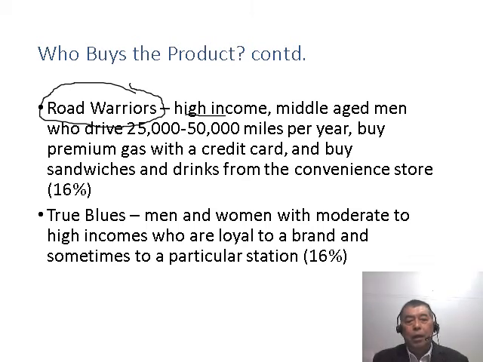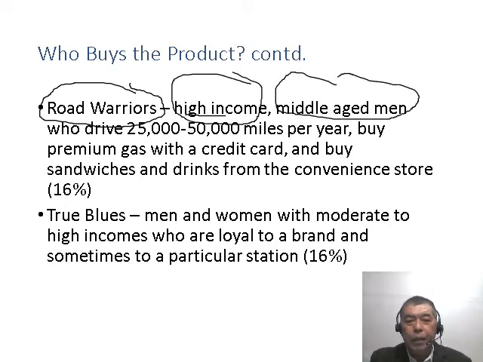Now, since the road warriors have high income and they are middle-aged men, maybe they have economic stability, and the profile of their vehicles might be top of the line, you know, because they can afford it, and they are very sensitive about the quality of gasoline being fed to their engines.